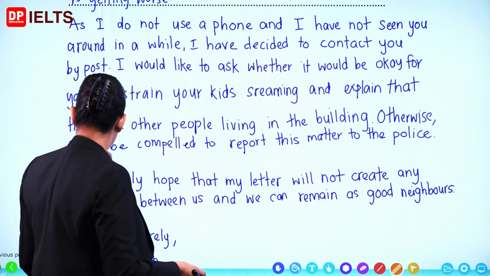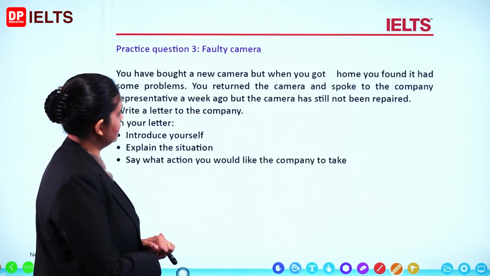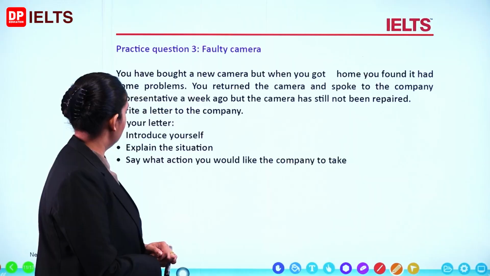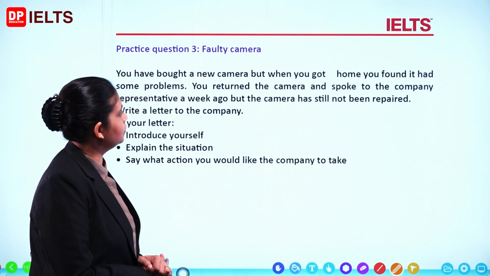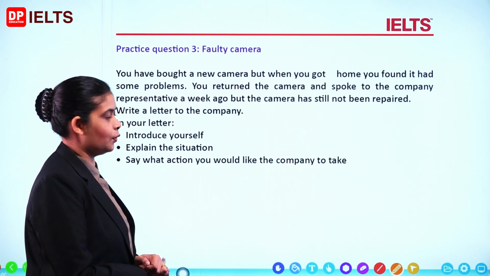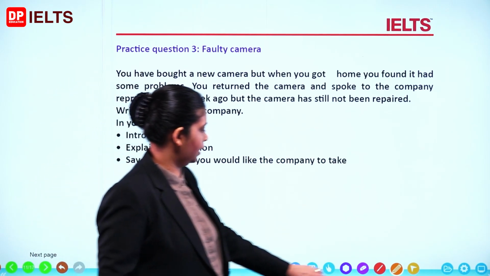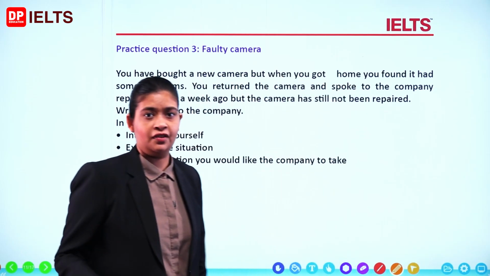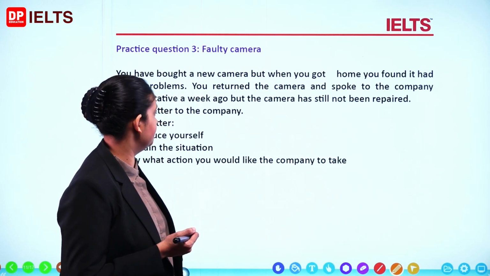Right? Okay, so let's have a look at the next question. Practice question 3, faulty camera. You have bought a new camera, but when you got home, you found it had some problems. ඉතින් ඔයගොල්ලෝ අලුත් කැමරා එකක් අරගෙන ගෙදර ගියාම දැනගත්තා ඒ කැමරා එක වැඩ කරන්නේ නැහැ කියලා හරියට.